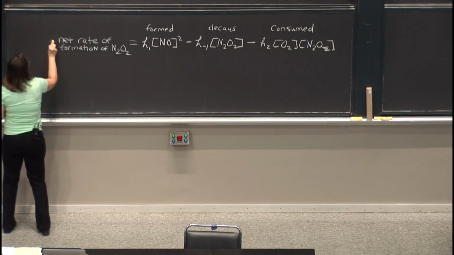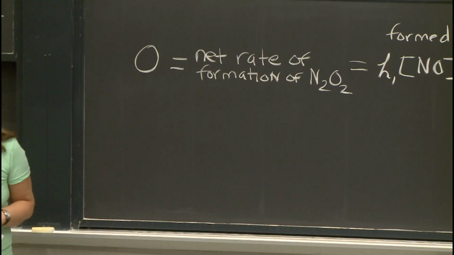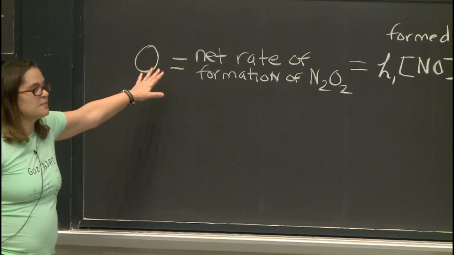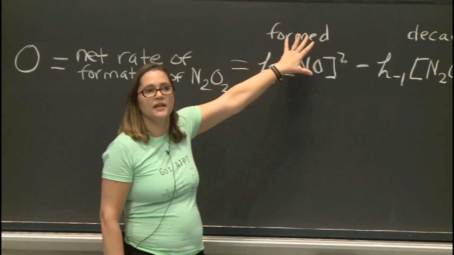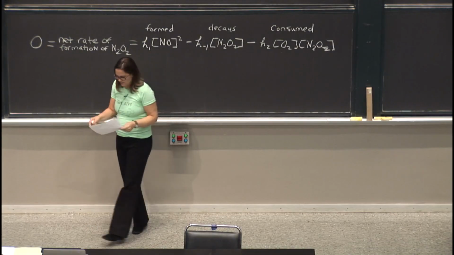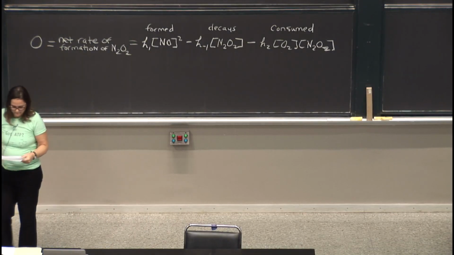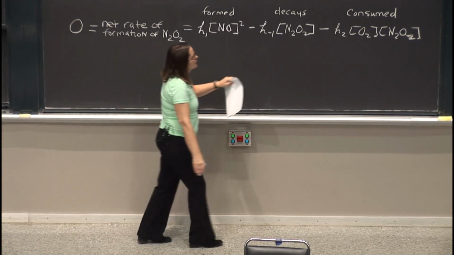So we can set this whole thing now equal to 0. So steady state approximation: net rate is 0, or the rate at which an intermediate forms equals the rate at which that intermediate decays.